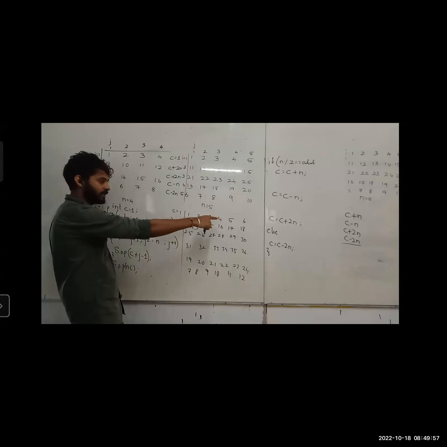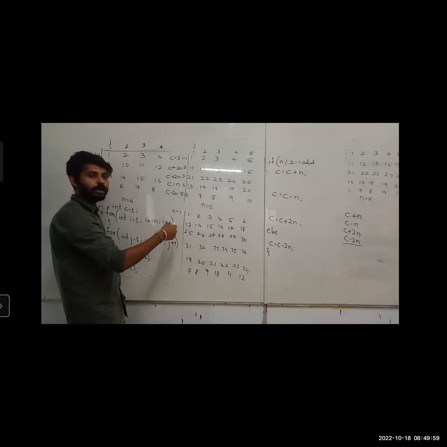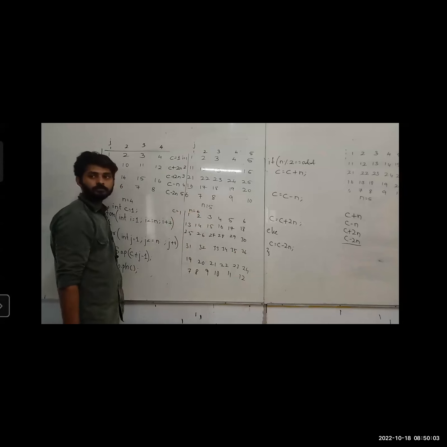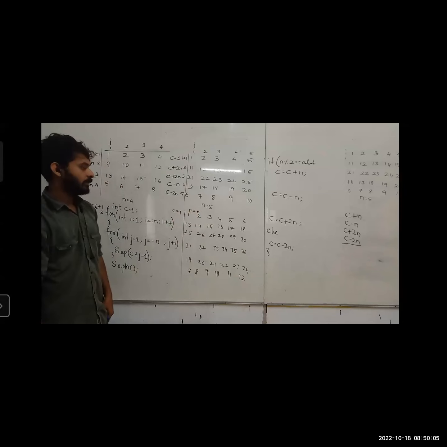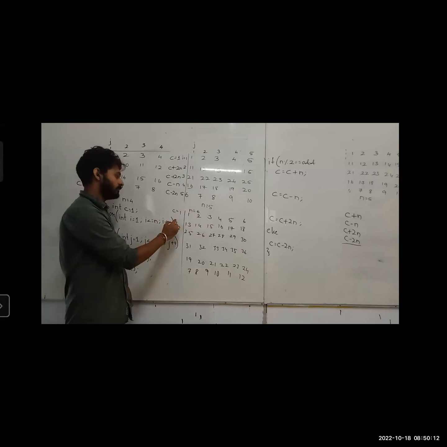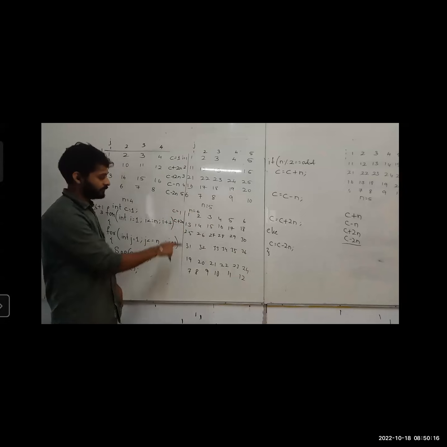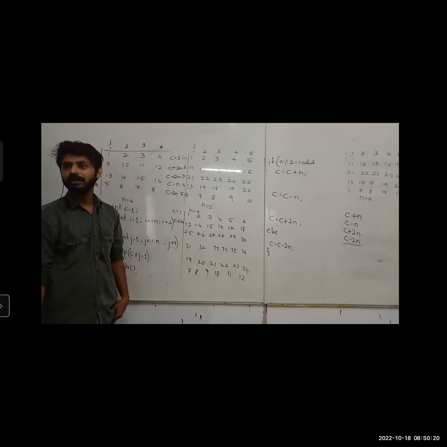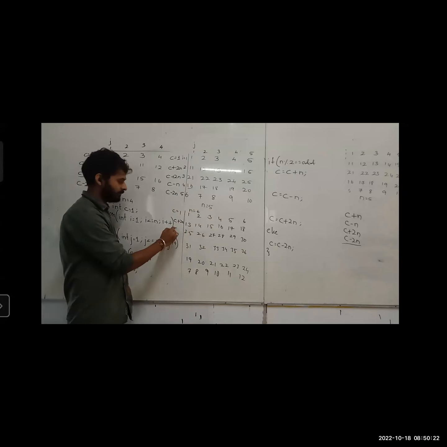Once I'm done with this line, I should come to the next line. How can I come to the next line's n value? Plus 1. Again, 13 to 25. 3 plus 2 is again the same thing.